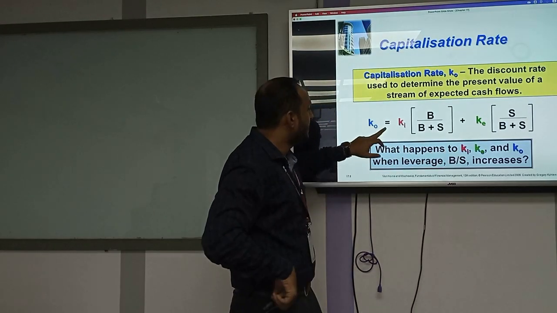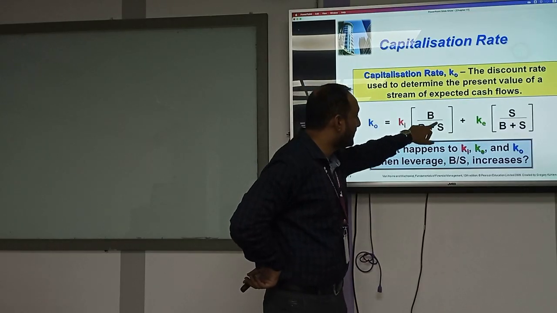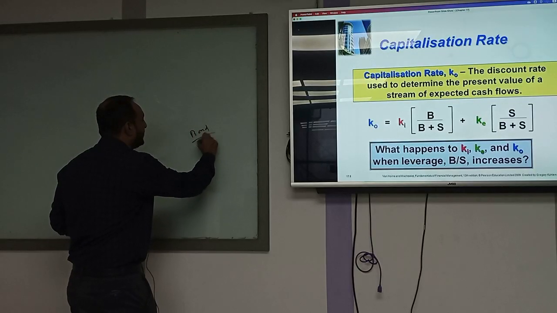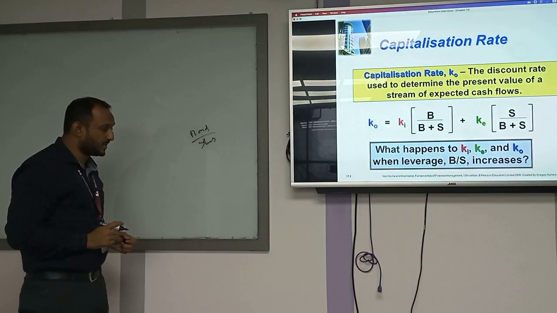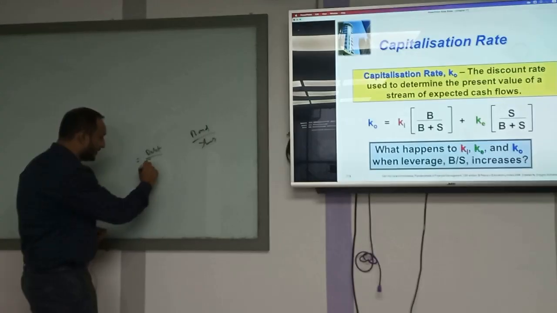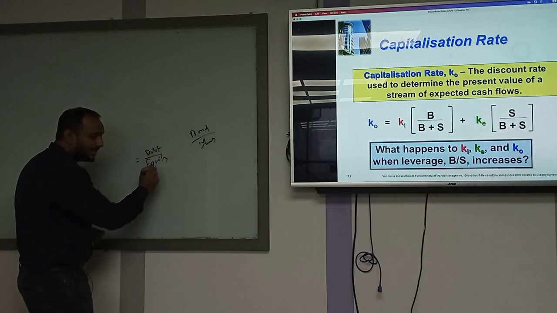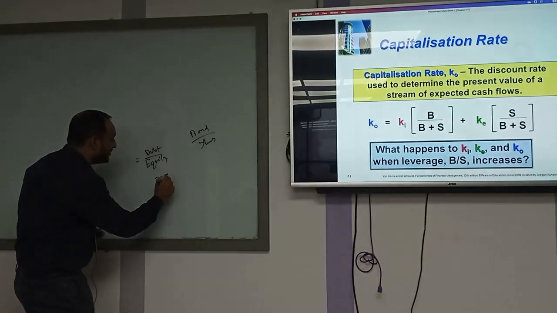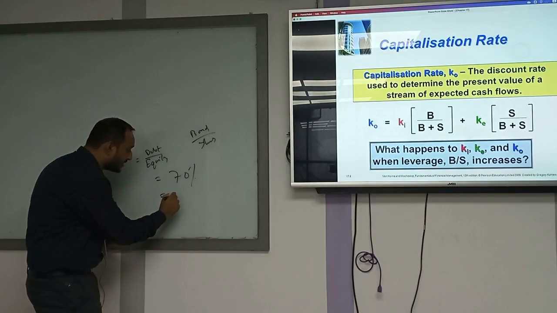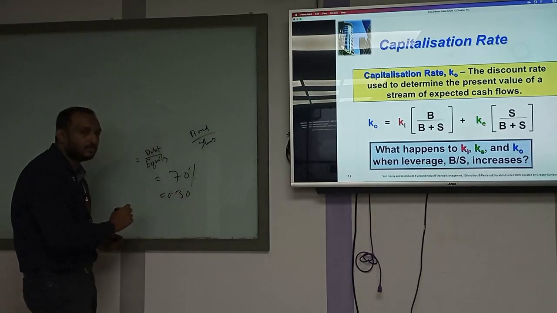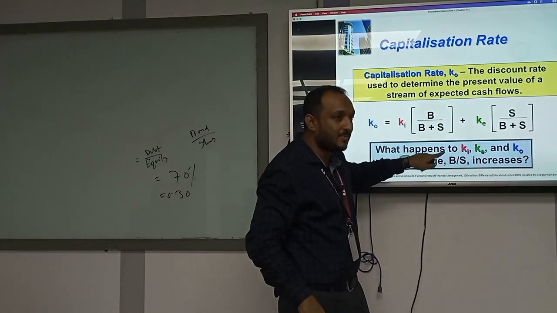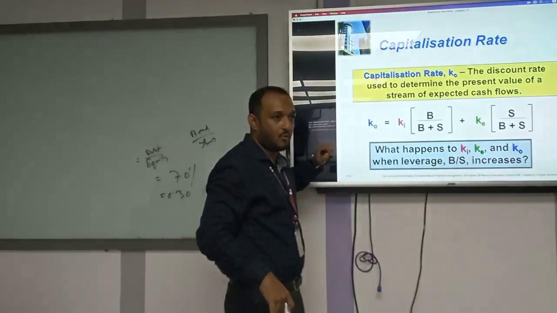Another thing: what does B divided by S mean? Bond divided by value of shares. Bond is debt and shares are equity, so it is the debt to equity ratio. Suppose my debt to equity ratio is 70%, 0.70. If it is restructured to 0.30, then what will happen to KI, what will happen to KE, and ultimately these two things will determine KO, the capitalization rate.